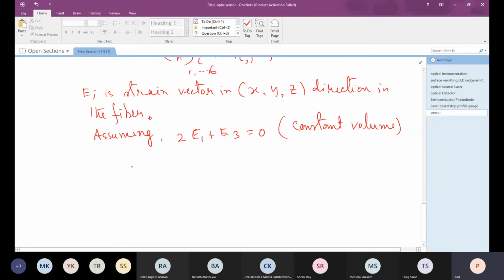That is constant volume, where this one is longitudinal strain and this is transverse strain.